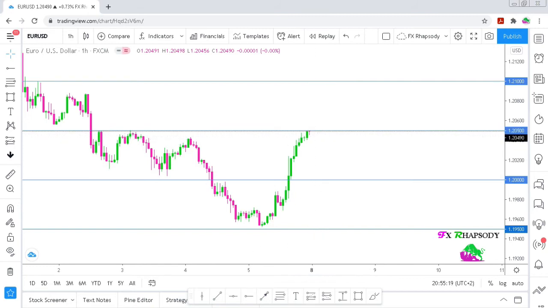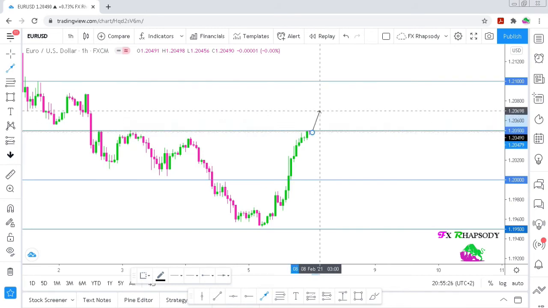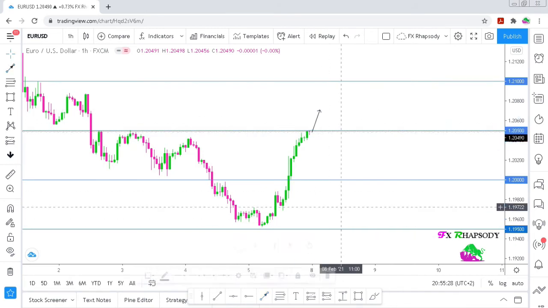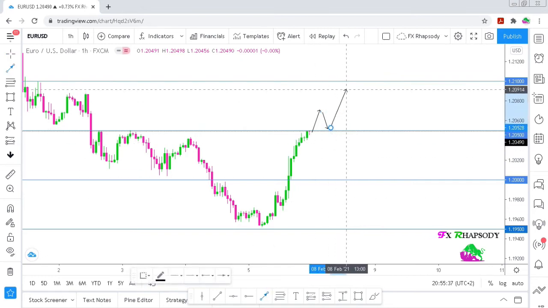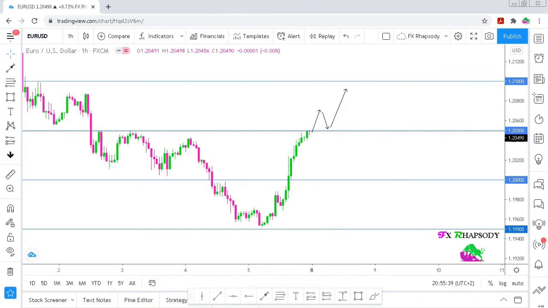So if the market opens and price breaks through, I will wait until price comes back to retest or tap this line, and then I will go in for the buy. So I will wait until price comes into that area there.